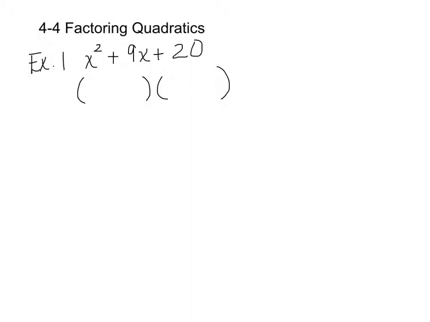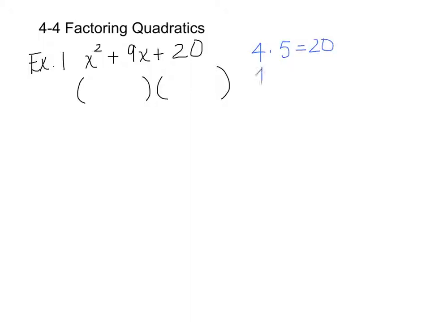So when you're doing these, some of you are going to be really good about finding your factors if you know your multiplication table, and then some of you, it may take a moment to get there. So the two factors that I'm thinking of for 20 are 4 and 5, because if you multiply 4 times 5, you get 20.